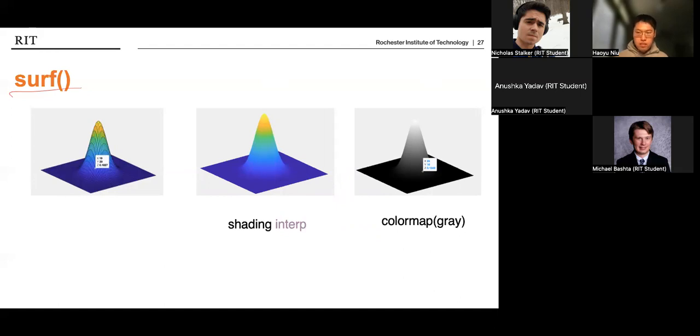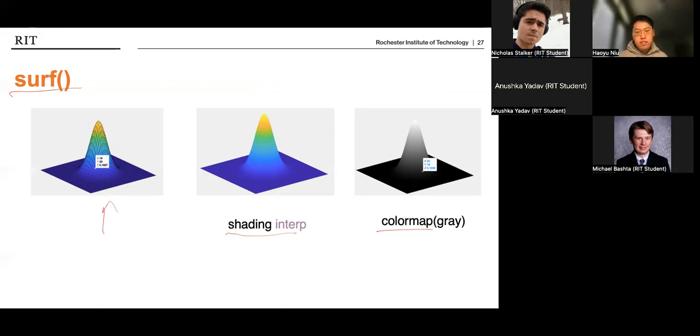This is called facet shading. To convert the colors to gray, we use a function called colormap. You can see how shading interp and colormap affect our original image.